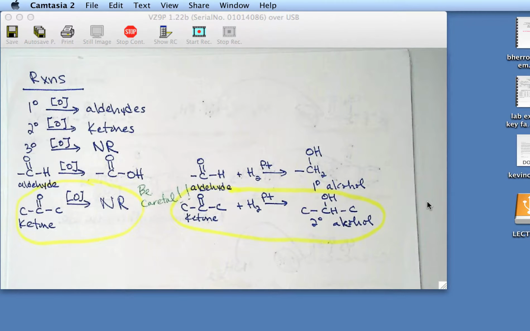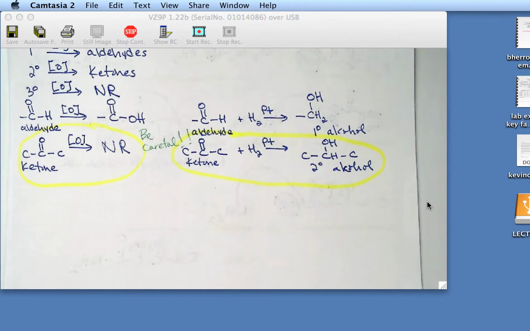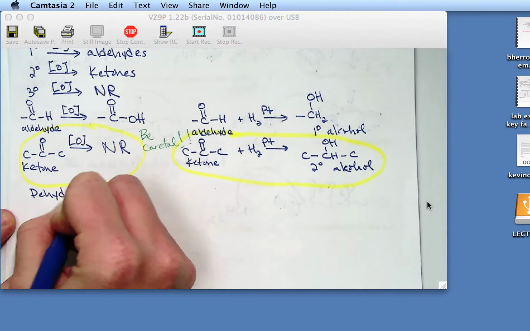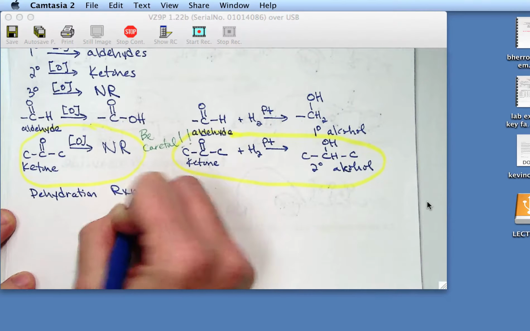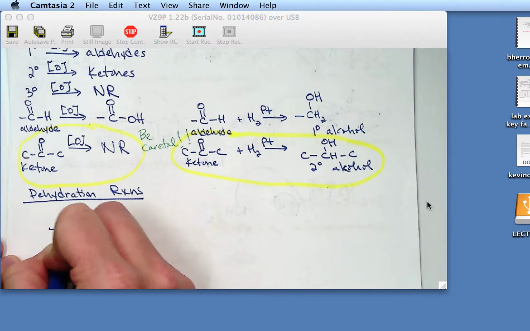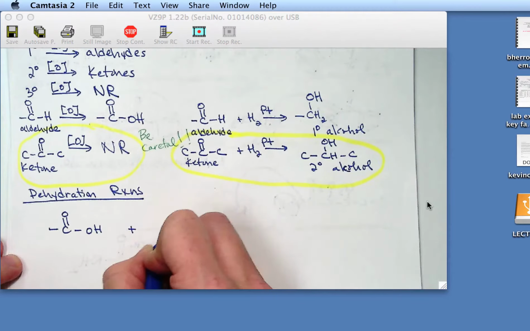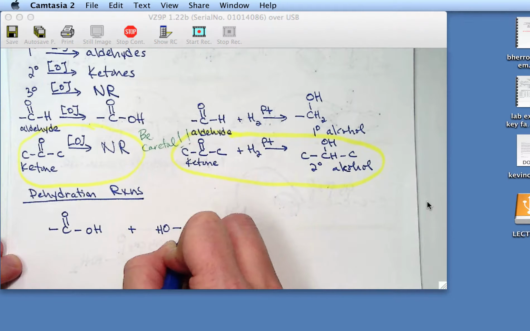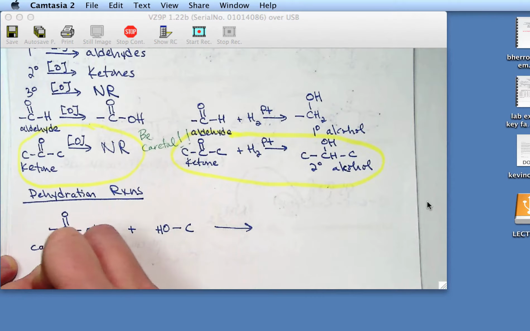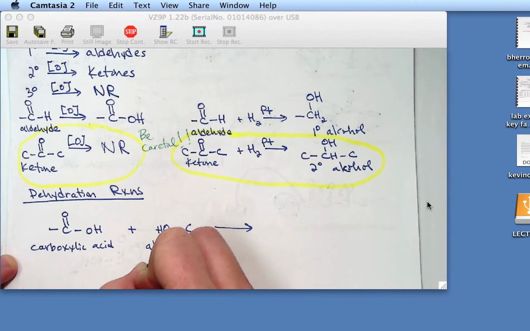Right, the other reactions that we learned about, dehydration reactions, we learned 2. So a carboxylic acid plus an alcohol.